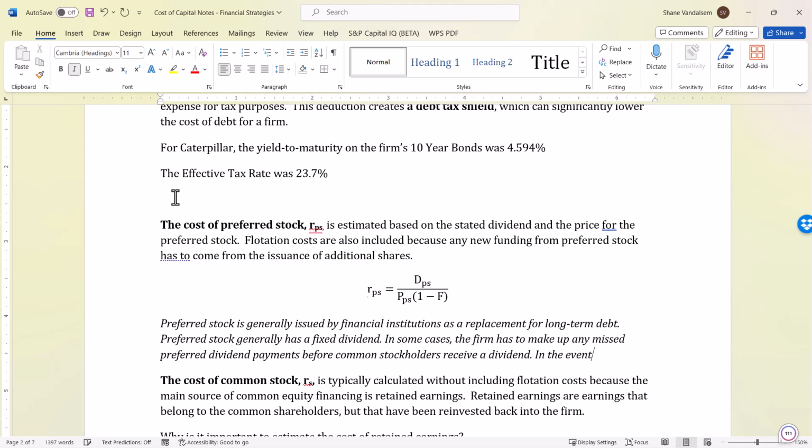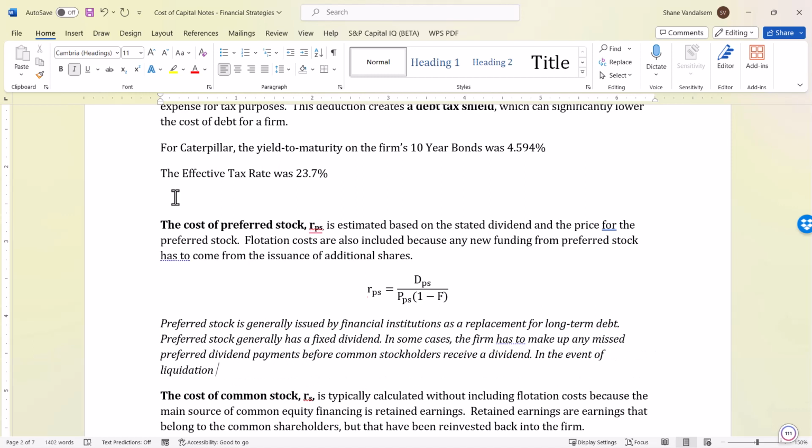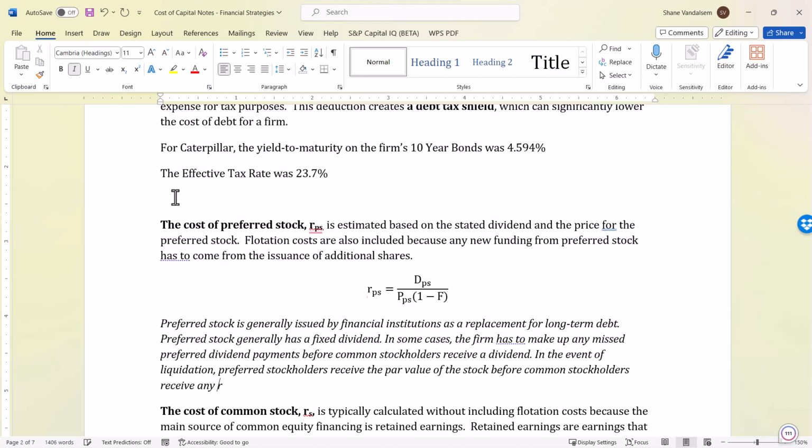In the event of liquidation, in other words, the company goes bankrupt and it's determined that the company should be liquidated, preferred stockholders receive the par value of their stock before common stockholders receive any residual value. In other words, preferred stockholders get paid first.